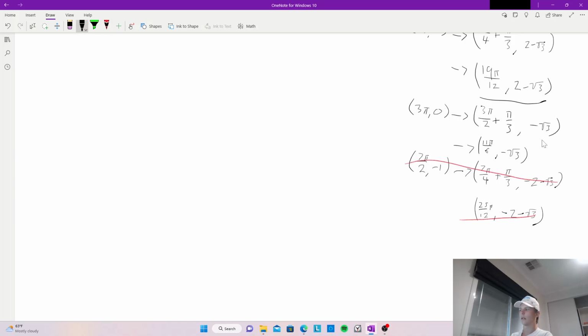So now we've got to do our last value, which is negative pi on 2, negative 1, and we'll insert that. So then that'll give us negative pi on 4 plus pi on 3, and that'll give us negative 2 minus square root 3.